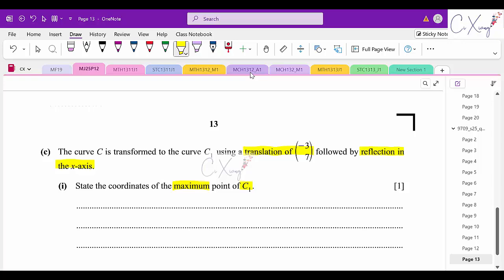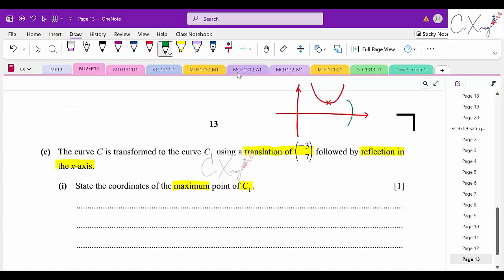To find the maximum point for C1, you need to start from the original point first, then slowly convert it into the maximum point of C1. But how can we do that? I want you to take note about the reflection in the x-axis. Let's say originally you are having a minimum point.